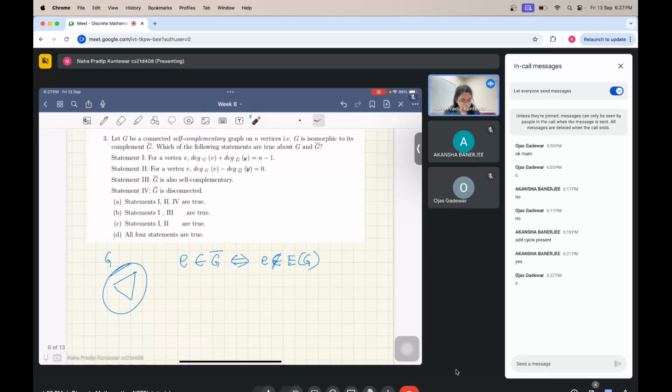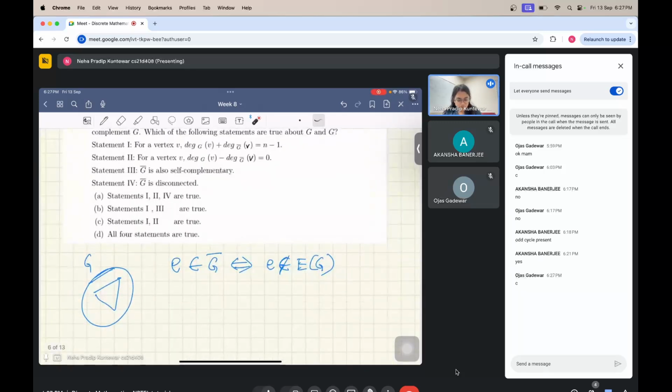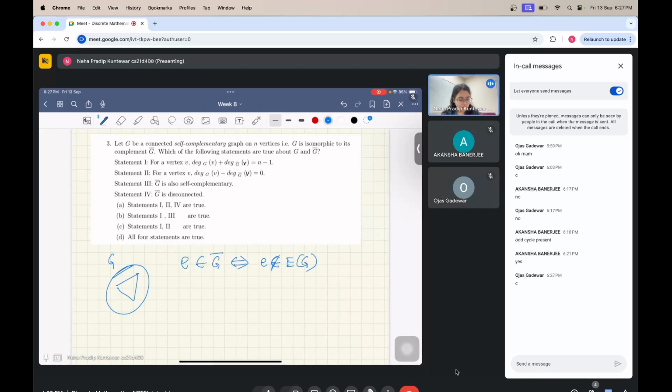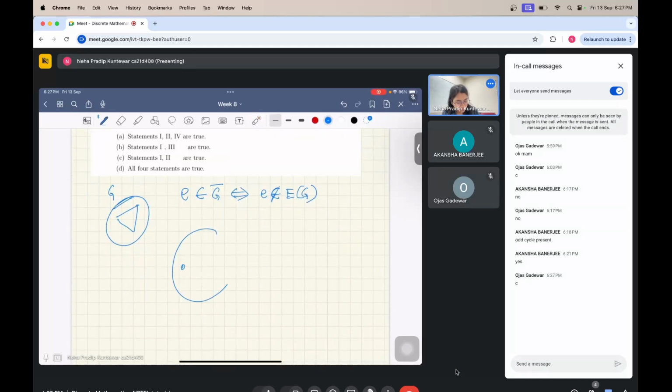Okay, so let's look at the answer. Let's look at it statement by statement. The first one is that you look at a vertex V in G, and you look at the degree of it, and then you look at the degree of the vertex in the complementary graph, and it says that the sum of this should always be equal to n.